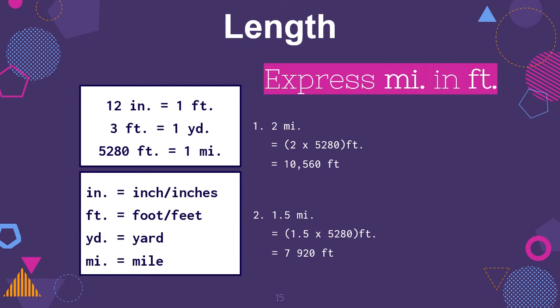Again, 2 miles is equal to 10,560 feet. And 1.5 miles, again multiply it by 5,280, since 1 mile is equal to 5,280 feet. And 1.5 multiplied by 5,280 feet is equal to 7,920 feet. So 1.5 miles is equal to 7,920 feet.